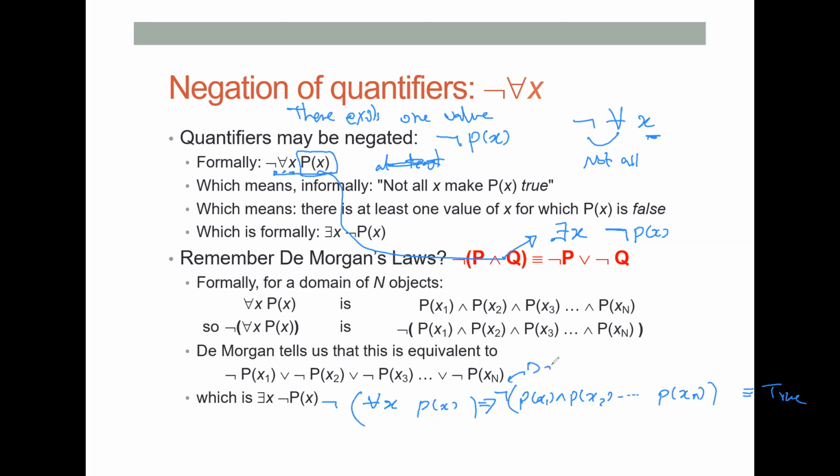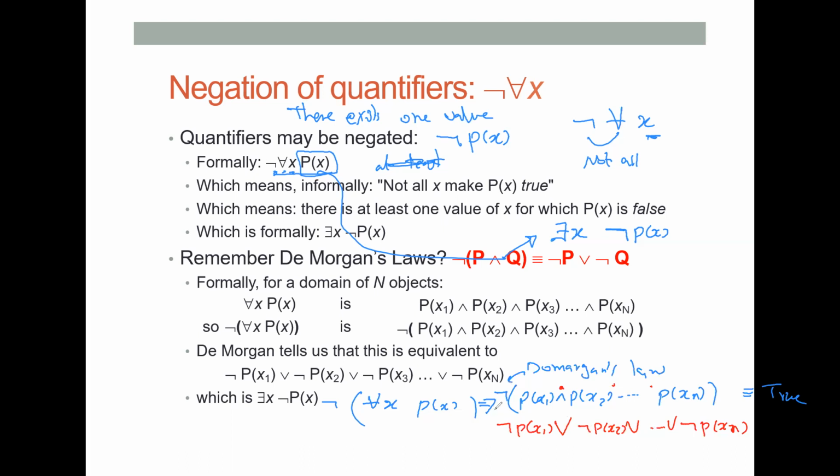And using De Morgan's law, you will distribute the negation inside the bracket. So it will be not p of x1, not p of x2, until not p of xn. The conjunction would be converted to a disjunction, the AND would be converted to OR, and so on.